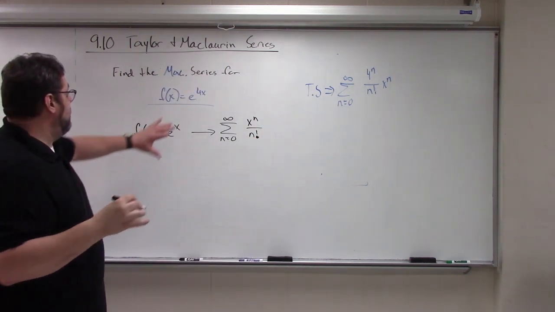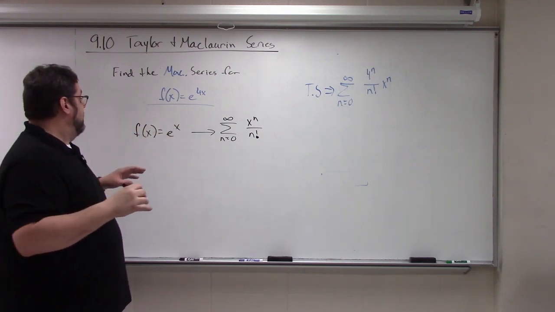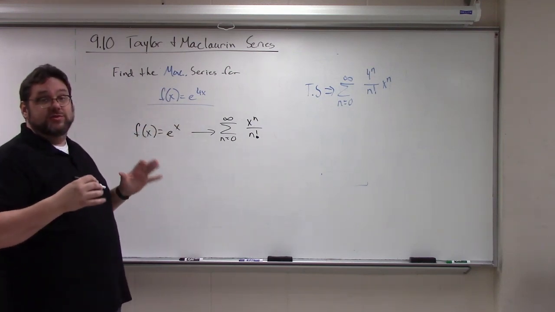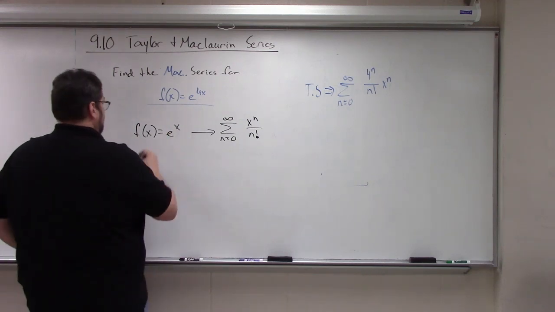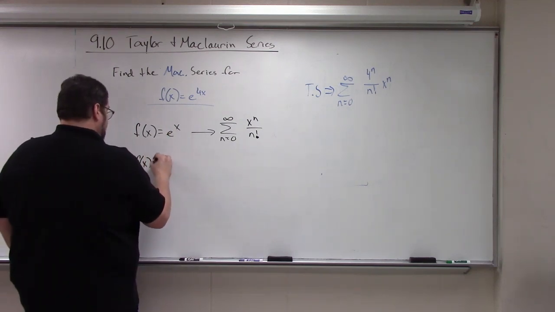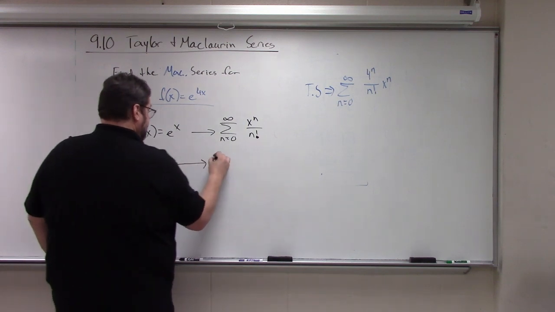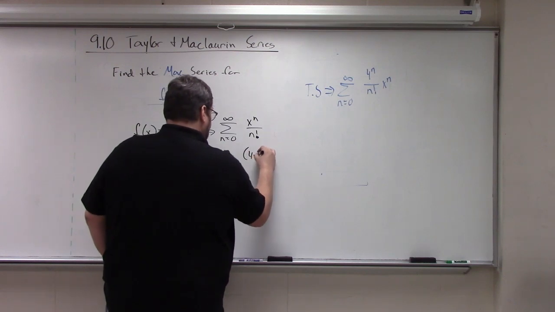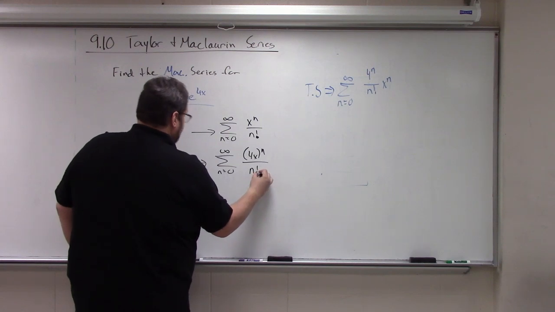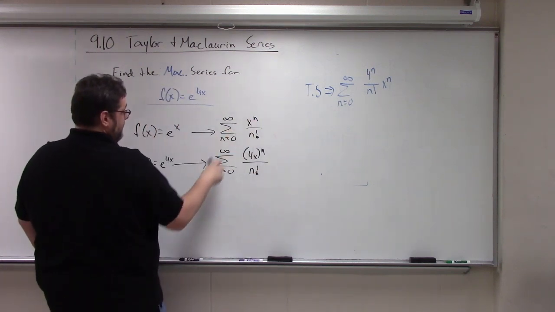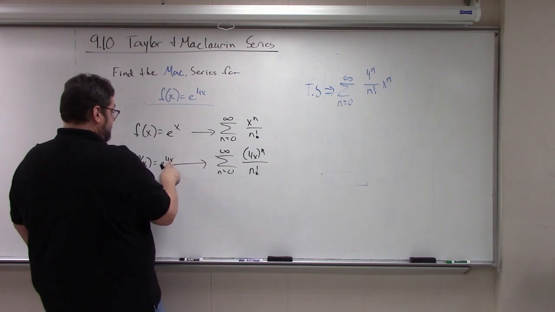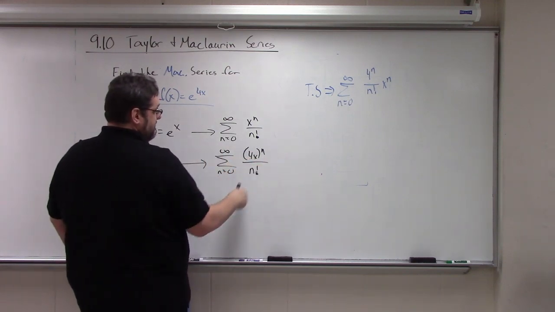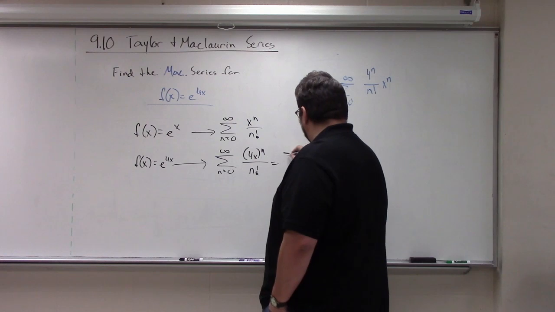So if we had known this to start with, notice these are very similar. I could have just done a substitution. Then f of x, e to the 4x, would give us the sum from n equals 0 to infinity of 4x to the n over n factorial. If e to the x is x to the n over n factorial, for e to the 4x I'm just substituting 4x for x, and then you can rewrite this a little bit.